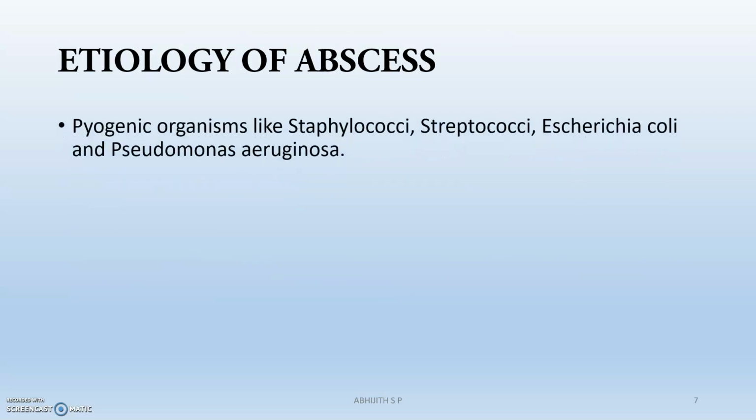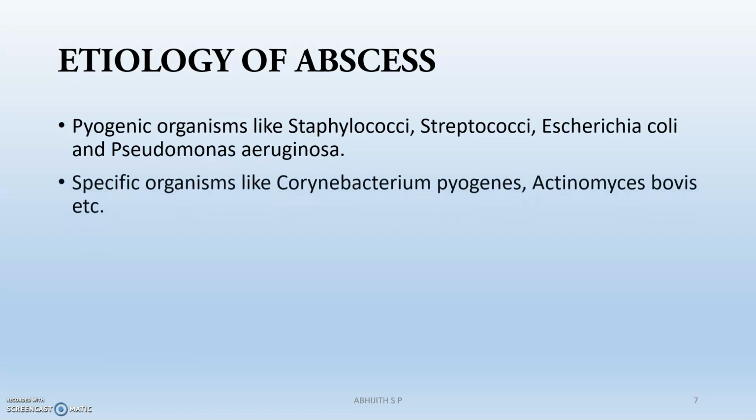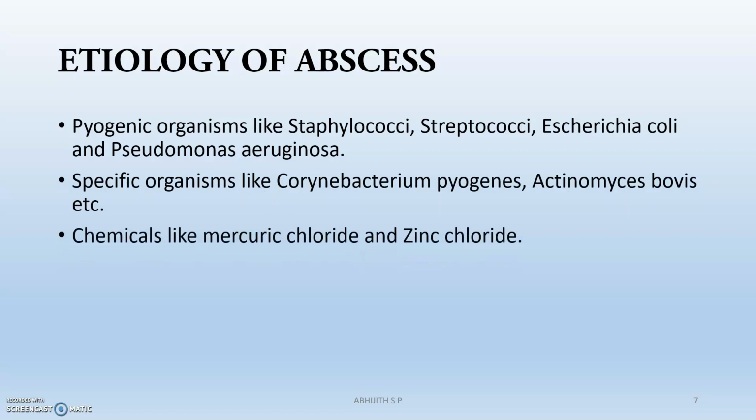Moving to the etiology of an abscess: pyogenic organisms like Staphylococci, Streptococci, Escherichia coli, Pseudomonas. Sometimes there will be Actinomyces and Actinobacillus. Specific organisms like Corynebacterium and Actinomyces bovis are also present. Sometimes chemicals like mercuric chloride and zinc chloride can cause abscess formation.